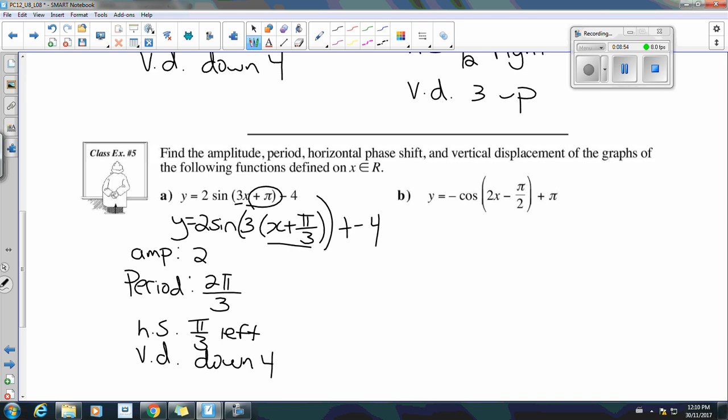Next one. Here our amplitude, well, there's just a negative sign in front of the cosine, which means -1 is the vertical stretch. So our amplitude is 1. The period, we're going to take 2 pi over b. Don't forget to factor out that b value here.